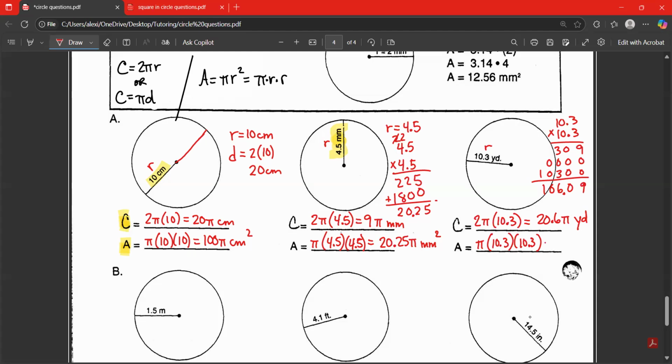So that means area is 106.09 pi, but don't forget, it's yards squared.